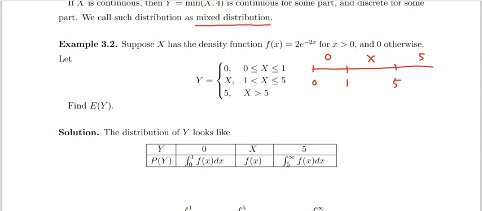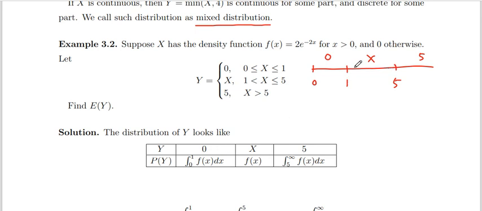When x is between 0 to 1, y equals 0. Here we just check the distribution. Here y always equals 0, right? So the probability is when x is between 0 to 1.